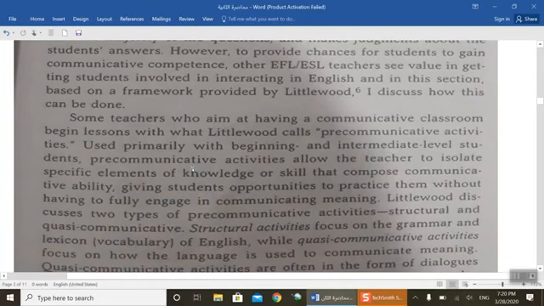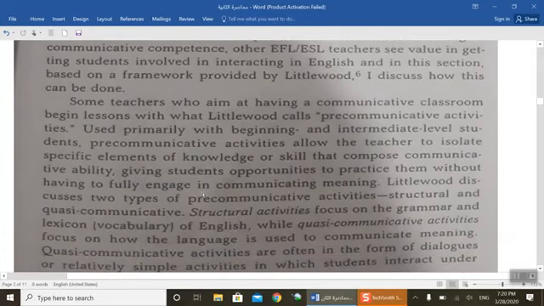Pre-communicative activities are good for them. They allow the teacher to isolate specific elements of knowledge, number one, or skill that compose communicative ability, number two, giving students opportunity to practice them without having to fully engage in communicating meaning.